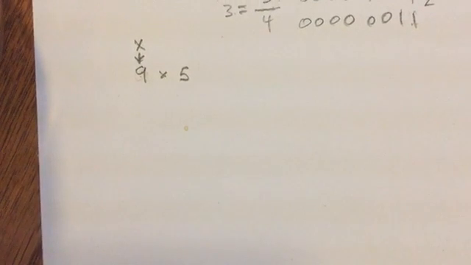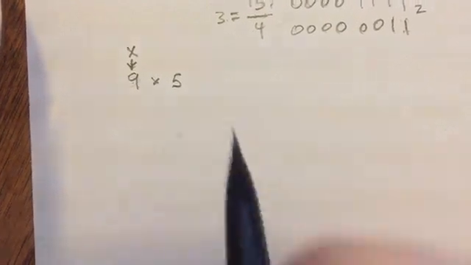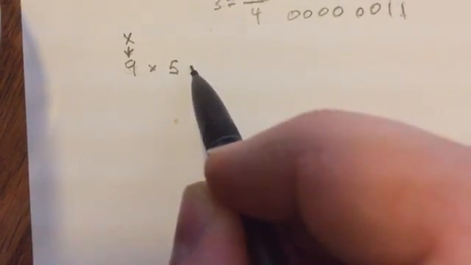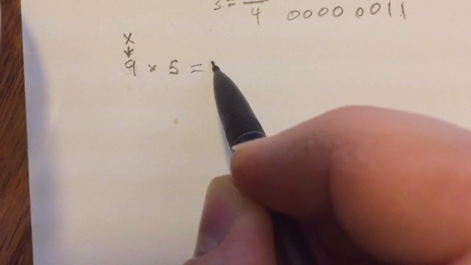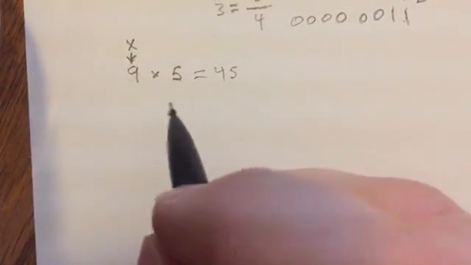And really, this 9 could be any variable x. So we don't know what x is. Here it's 9, but in another loop, it could be 23 or 5 million. Who knows? But we do know that it needs to be multiplied by 5. So we know in this particular case, it's going to be 45.